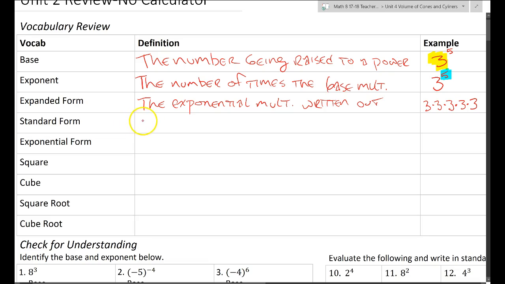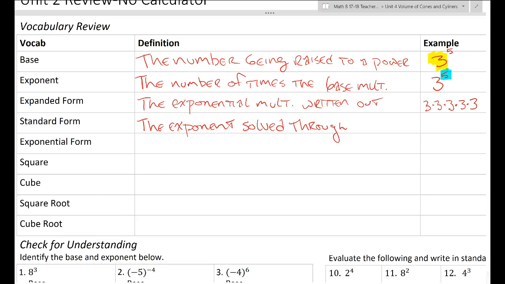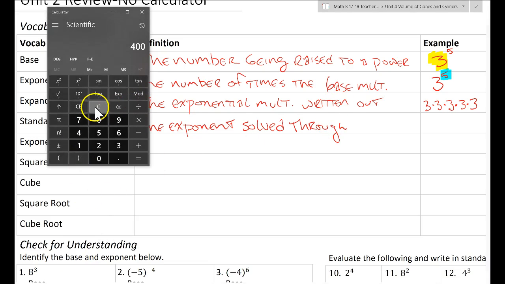Standard form is the exponent solved through, or assessed. So in the case of 3 to the 5th power, I would love to say I know that off the top of my head. We're going to say 3 times 3 times 3 times 3 times 3.